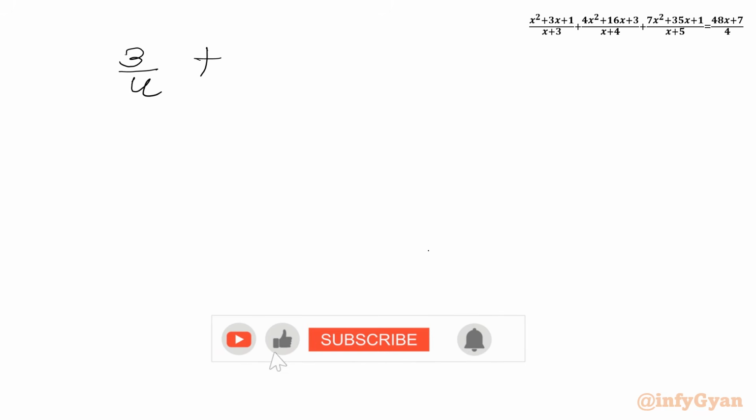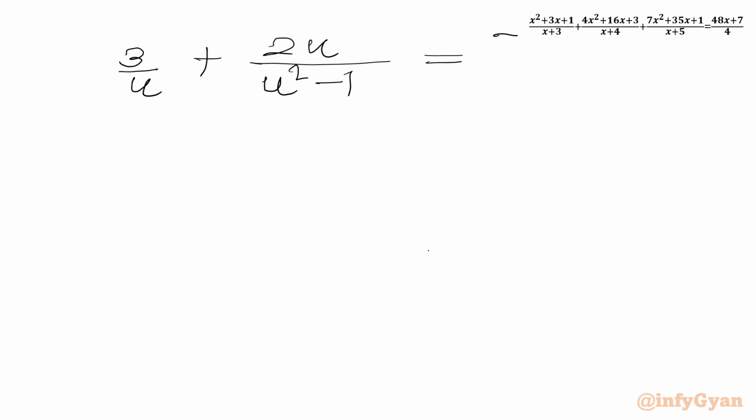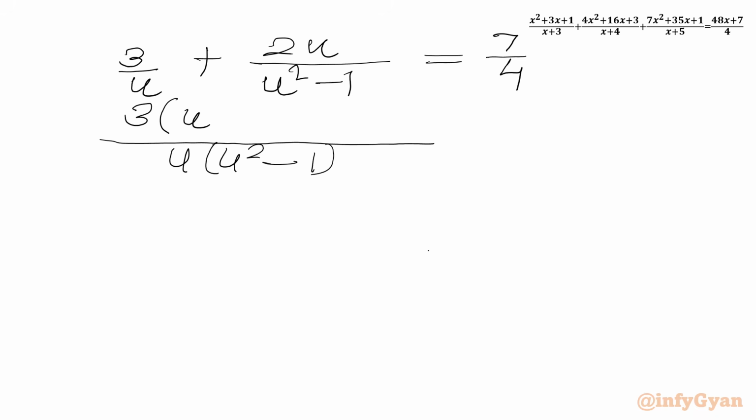So I can write here 3 over u plus 2u over u square minus 1 equal to 7 over 4. We'll write here u times u square minus 1 in the denominator. Here we'll write 3 times u square minus 1 plus 2u times u. I am writing 2u square equal to 7 over 4.